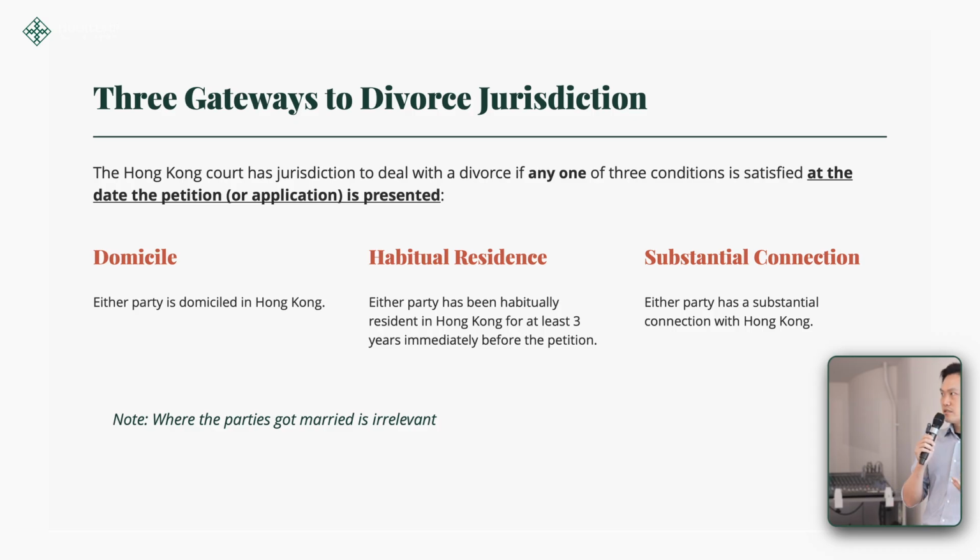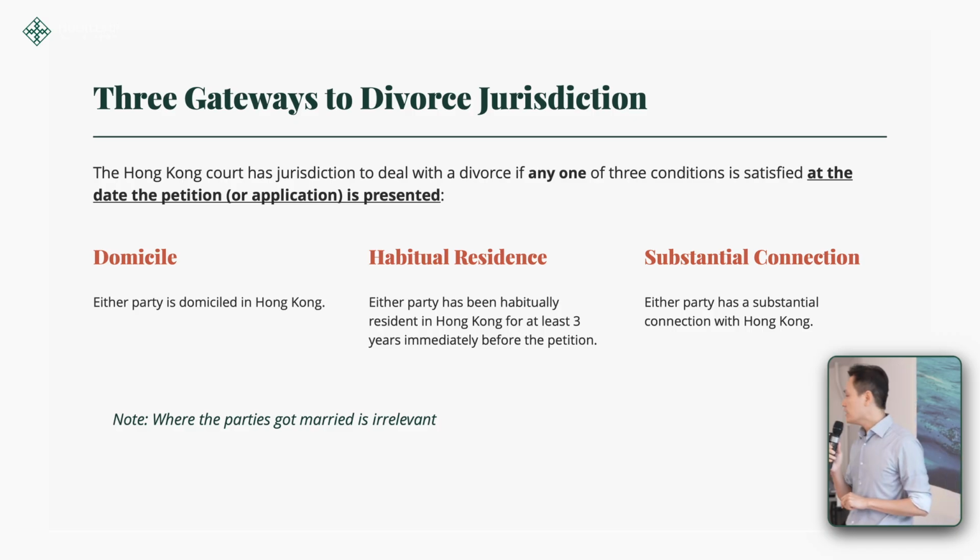From another perspective, where you get married does not matter, right? There is always a misconception that, oh, I was married in Hong Kong, so therefore I can invoke the family court's jurisdiction. No, that is not correct. Even though you are married elsewhere, so long as you fulfill one of these criteria, then the Hong Kong court would have jurisdiction to deal with the divorce.